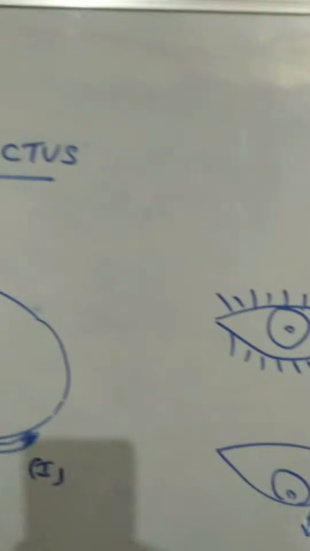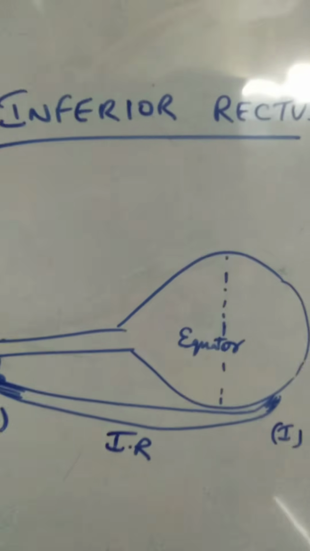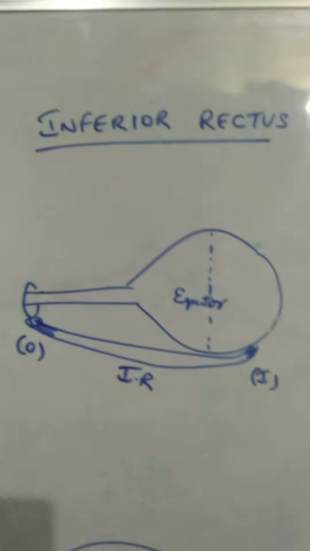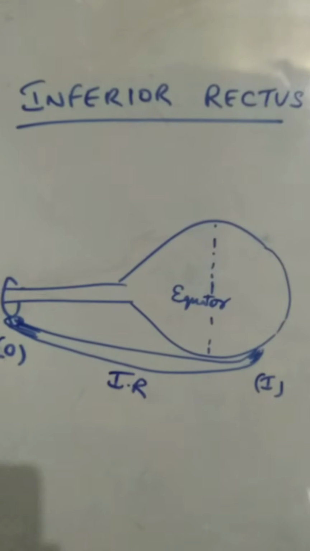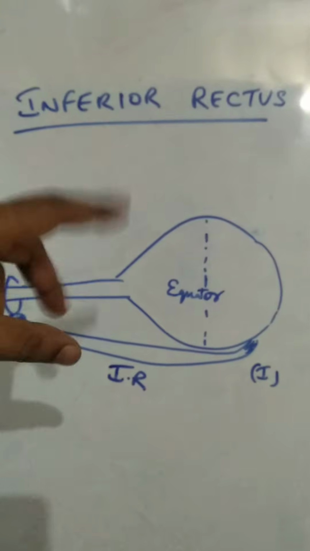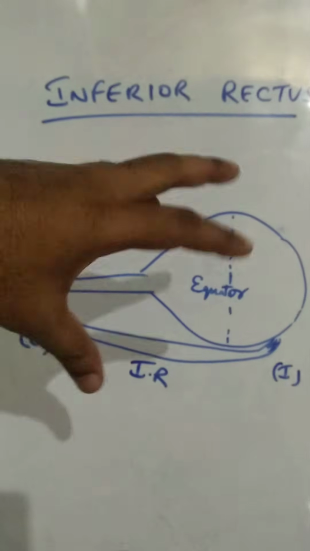So let's start with today's topic, that is inferior rectus. So what exactly is this inferior rectus? It is one of the extraocular muscles. Around the eyeball there are totally 6 muscles which will move the eyeball.